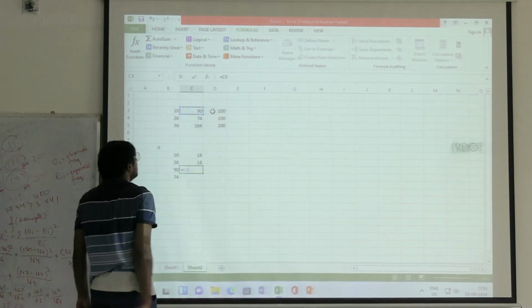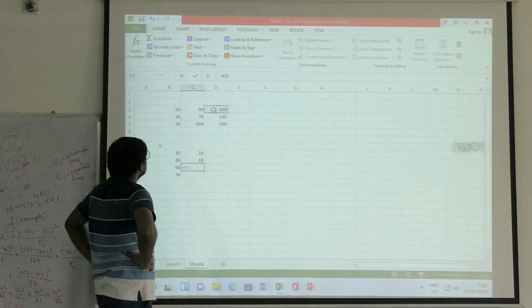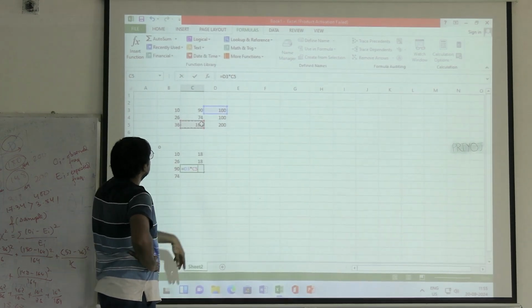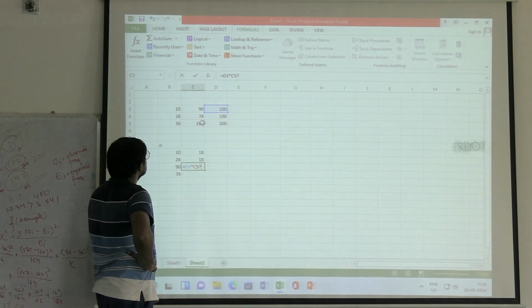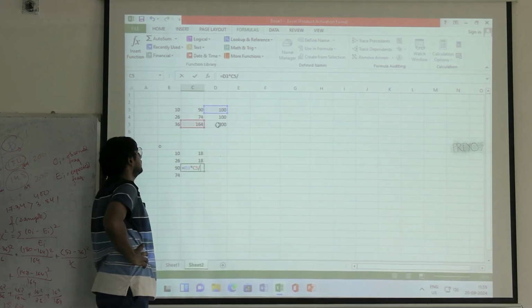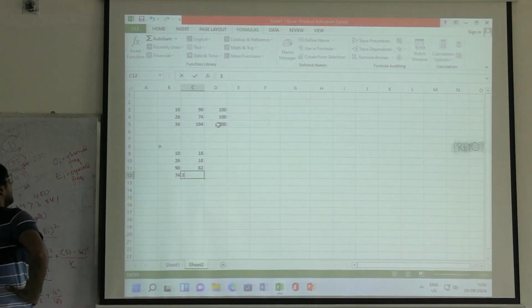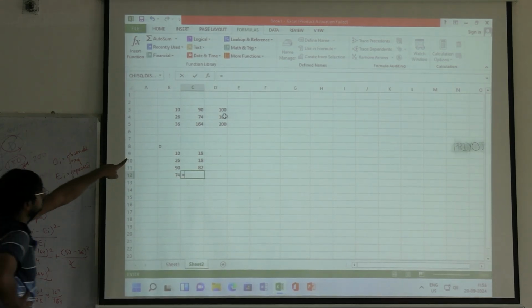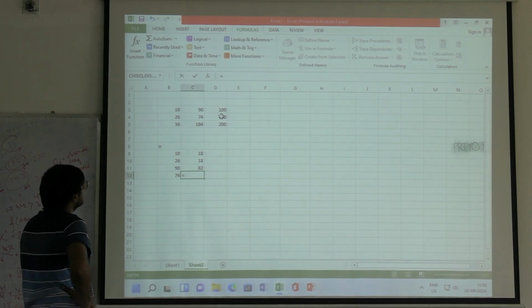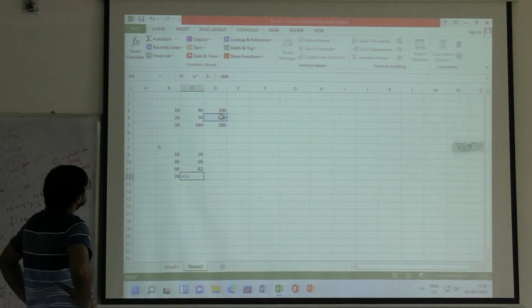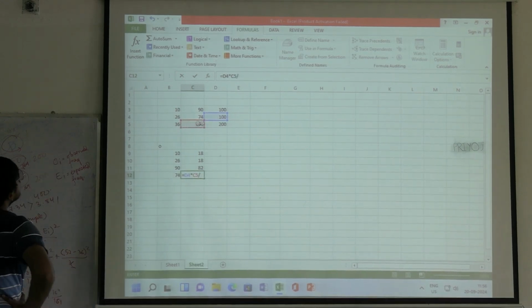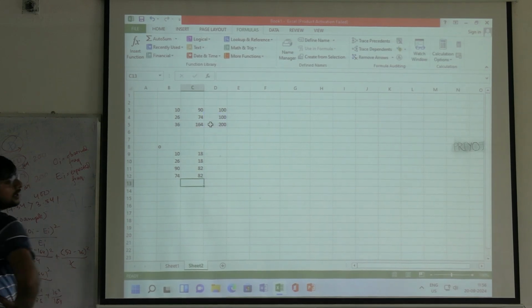For 90, this and this, multiply, divide by 200. Done. Then the last one will also be 82, but do it. Is equal to, 74, so that 100, into, divided by 200. You have it.